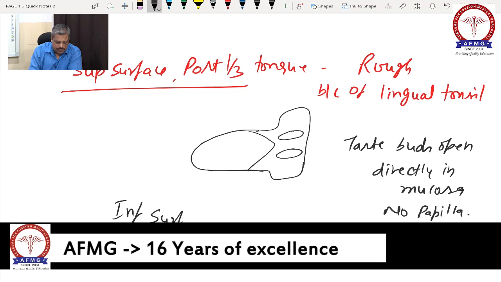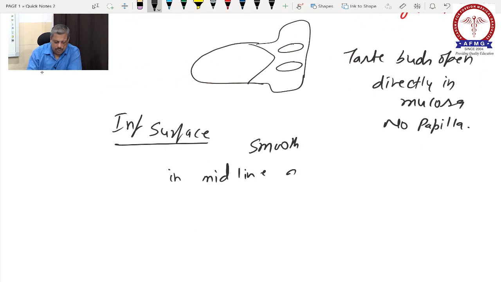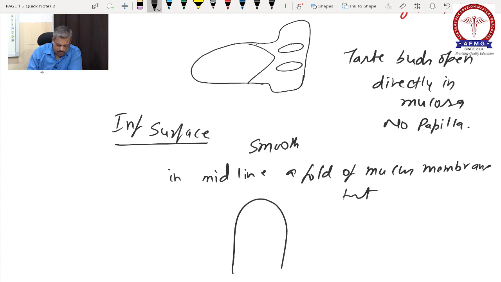Now the inferior surface of the tongue. This inferior surface is smooth. In the midline, a fold of mucous membrane is present, which is known as the frenulum linguae.